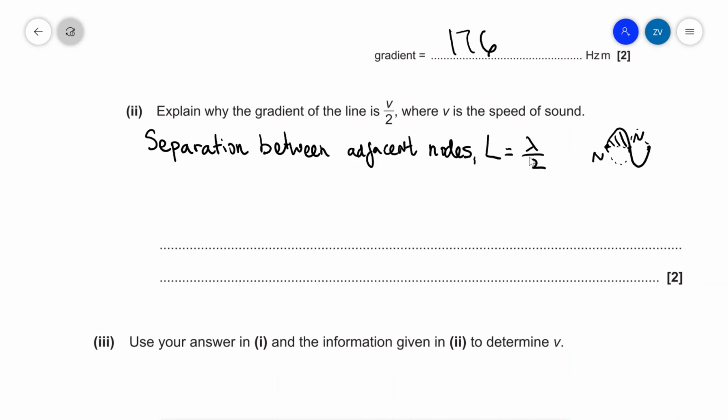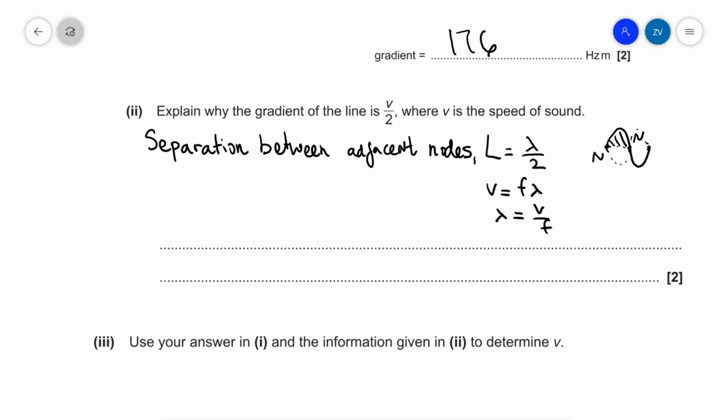Now, the wave equation says that the speed of a wave is given by the frequency times the wavelength. In other words, the wavelength is equal to the speed divided by the frequency. Let's see whether we can convert that to a y equals mx plus c analysis. Now, L is equal to lambda over 2.